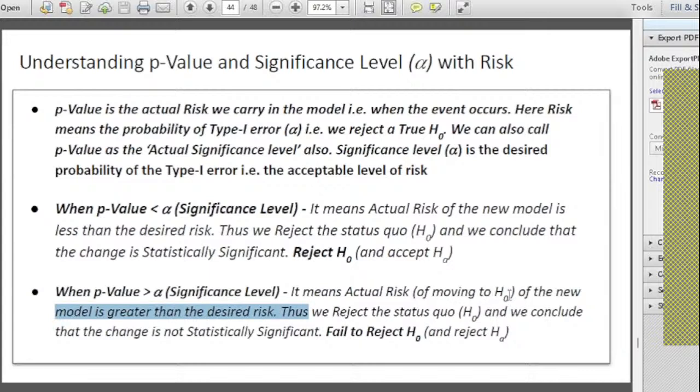Actual risk of moving to H1, the alternate, of the new model is greater than the desired risk. Thus, we do not reject the status quo H0 and we conclude that the change is not statistically significant. Hence, we fail to reject the null. Is that clear? So this should be the risk of moving to HA. Are you getting this?